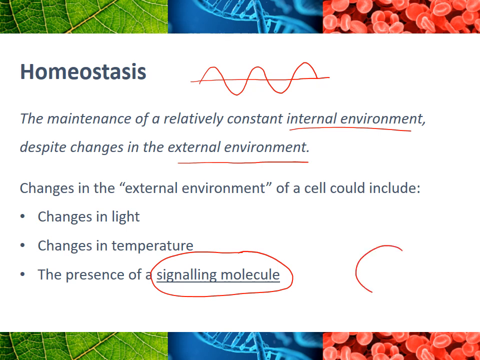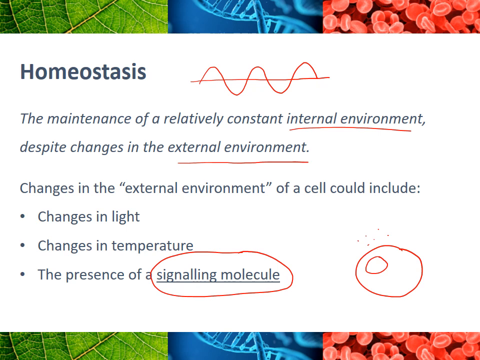Like I said, we really focus on the cell level now, whereas when we looked at temperature regulation in year 11, that was more the whole body. So if we've got a cell and there's molecules around, they may act upon this cell and cause a response. And we'll look more at that idea of the stimulus and the response next week.